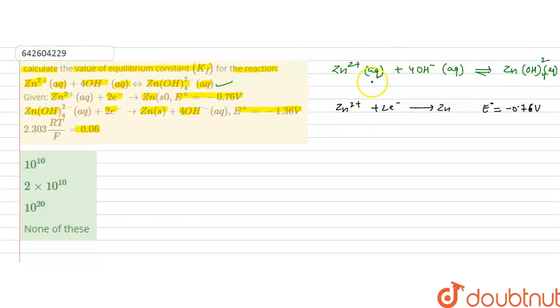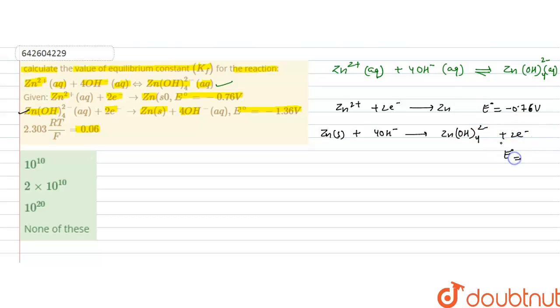Now we want this on the right hand side, so if we reverse this equation, it will become Zn solid plus 4 OH- forms [Zn(OH)4]2- plus 2 electrons.